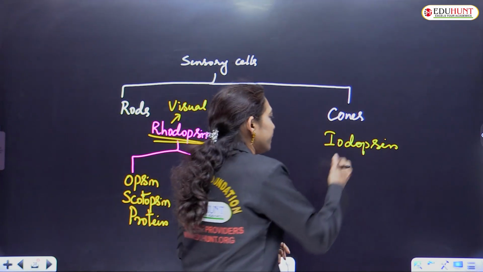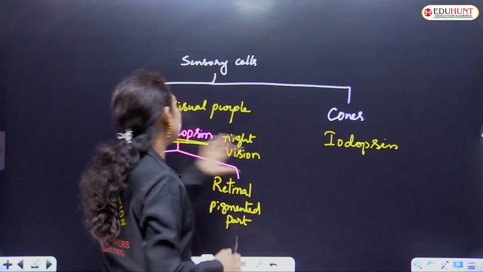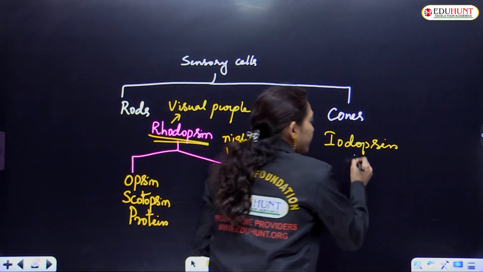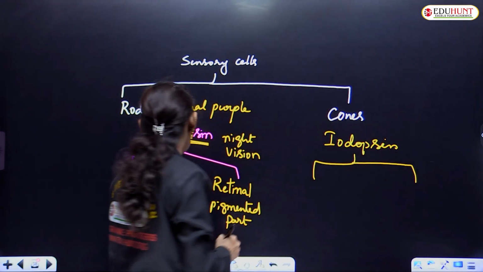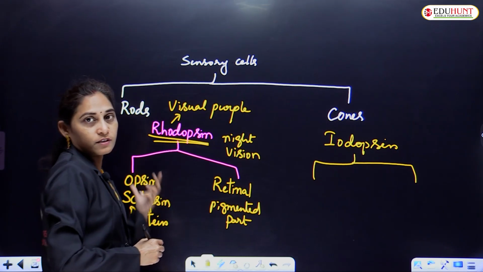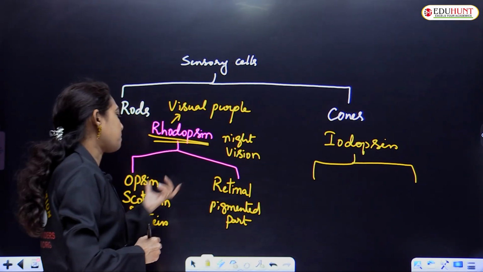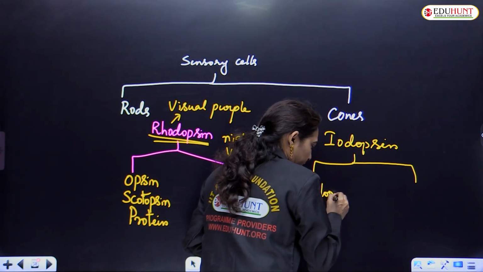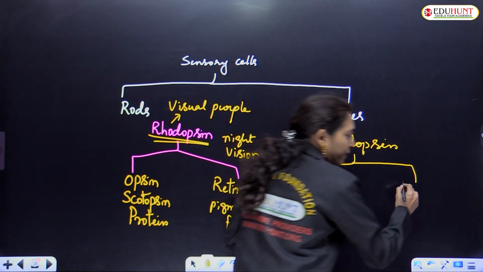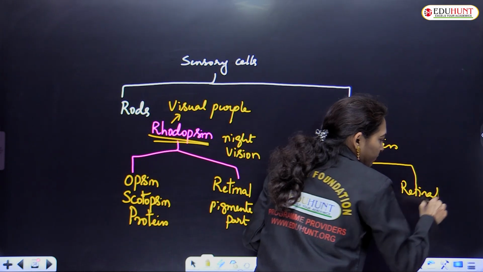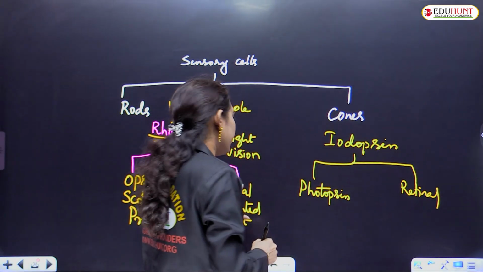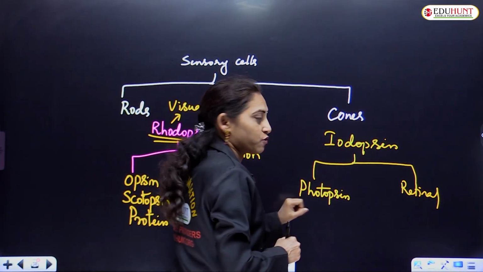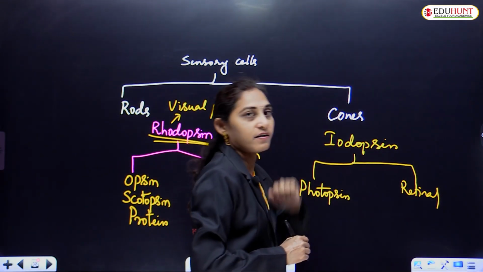Iodopsin is similar to rhodopsin pigment. In cones, we have iodopsin, and just as we saw rhodopsin has two parts, scotopsin and retinal in rods, iodopsin has two parts, photopsin and retinal.